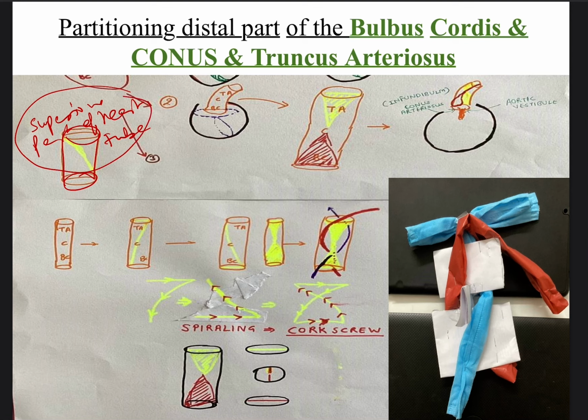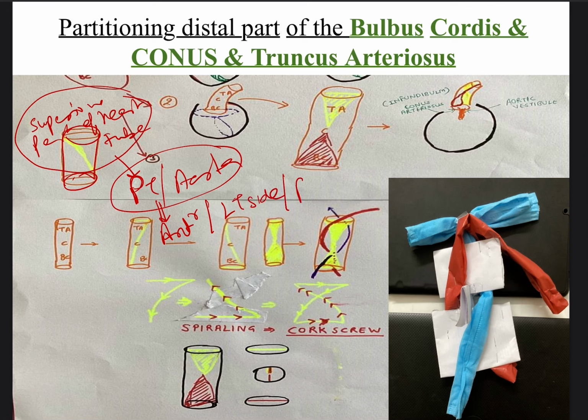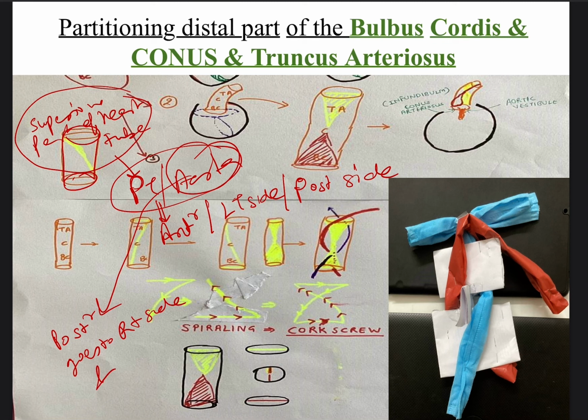This truncus arteriosus is divided into two parts, pulmonary trunk and aorta, in such a manner that the pulmonary trunk is initially anterior, then it goes to the left side, and finally it goes to the posterior side, while the aorta, which is initially posterior, goes to the right side and then to the anterior side.